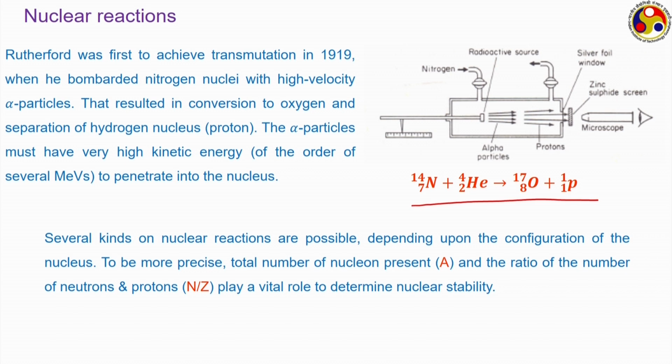Both are related to the configuration of the nucleus, and for a given nucleus both are generally known. Standing at present time, we can more or less predict what kind of reaction a particular nucleus is going to have, just by knowing the number of nucleons present there, and also, very important, the ratio of the number of neutrons and protons.